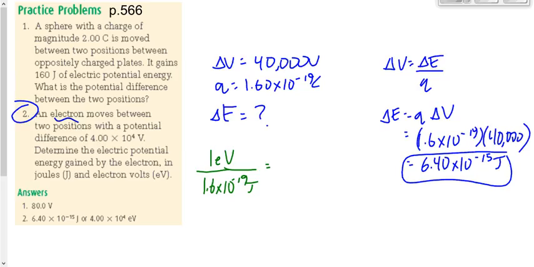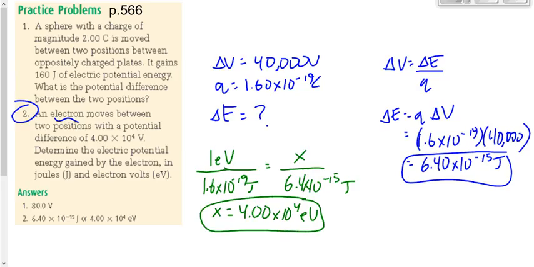Then let's set that equal to X electron volts over 6.4 times 10 to the minus 15 joules. When we solve for X, we end up getting 40,000, or 4.00 times 10 to the 4 electron volts.